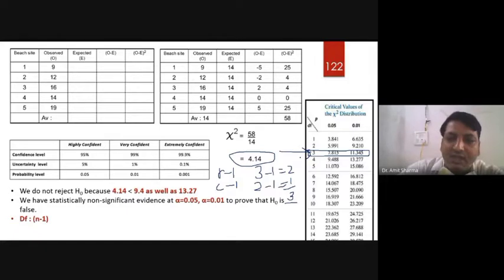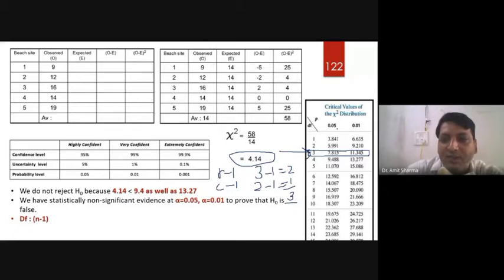Otherwise, if your value is less than the tabulated value, you can say that the null hypothesis is not rejected, or you are not able to reject the null hypothesis, and the result was found non-significant at the alpha level.